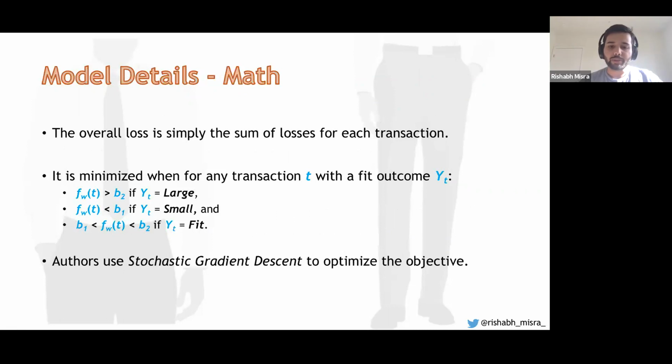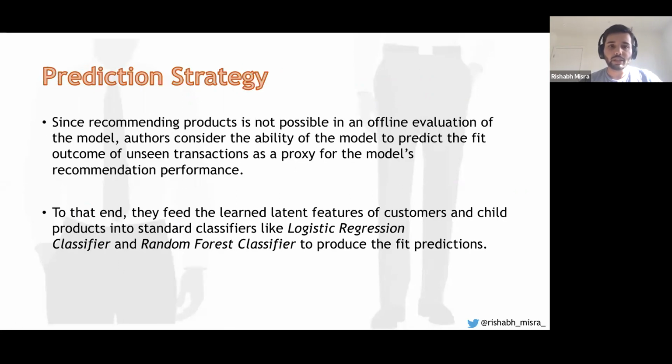And for optimization, they use stochastic gradient descent, which is a standard iterative optimization technique. Once they learn these parameters, they basically just fed these latent features as features into a standard logistic regression and random forest classifier to finally produce the output.